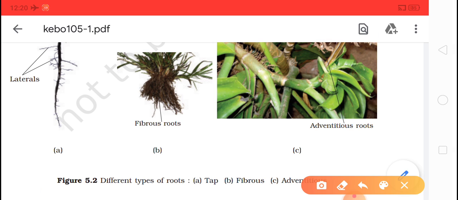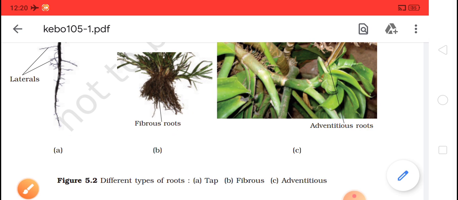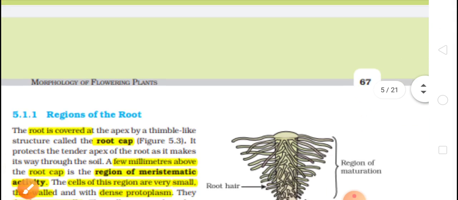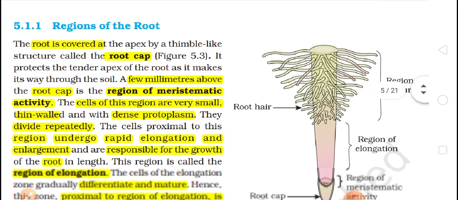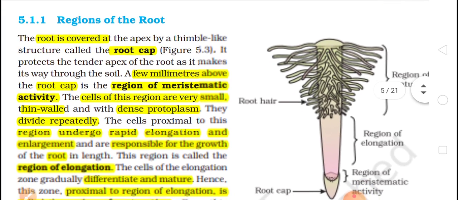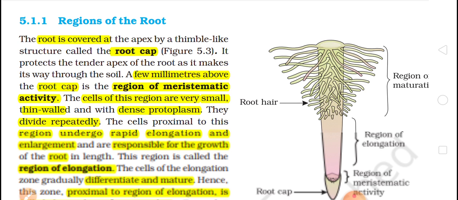I repeat once again, the tap root and fibrous root are the true roots that develop from radicle, but adventitious roots do not develop from radicle, they develop from the stem, and are used for support. After that, regions of the root. Now another part of root, that is regions of the root.